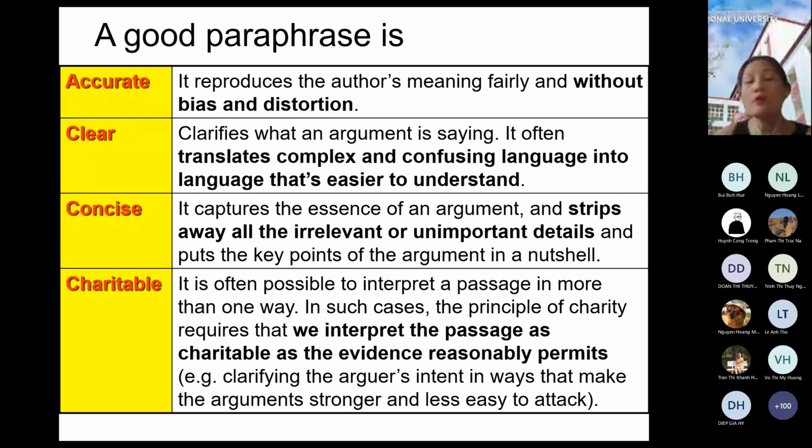Okay, and we know that is important because when we convert information into our own language or vocabulary, we need to make sure that we keep the original meaning. All right, and actually when we restate, if something is unclear in the original argument, then we need to make it clearer, so we make it a better argument.